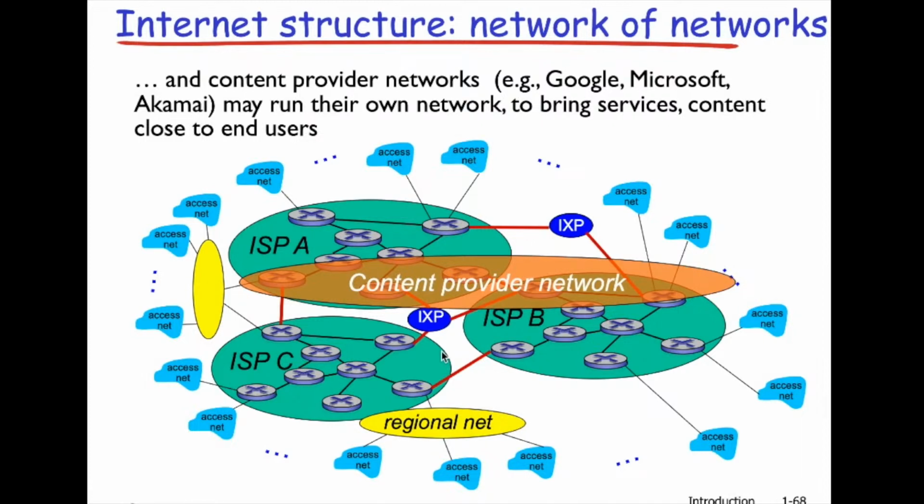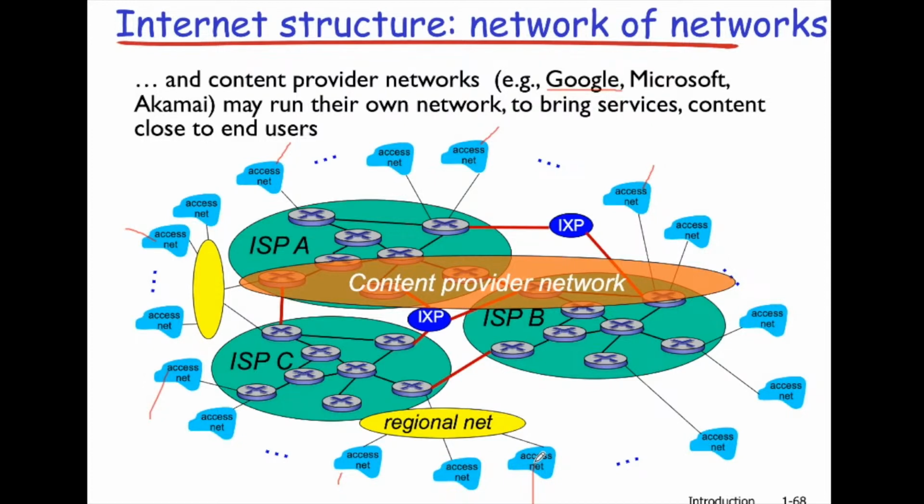Content provider networks showed up. Let me talk about content provider networks by example. So let me use Google here. It'll be easier for you to understand. So Google established these data centers worldwide. What they do is to go to access networks locally where the data centers are, and then ask to connect their data center to the access network.